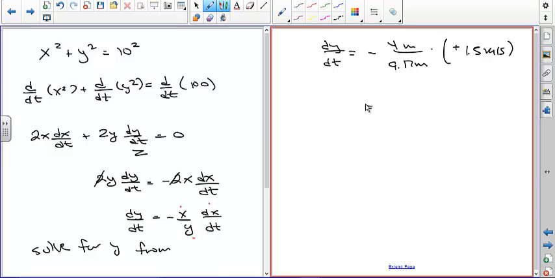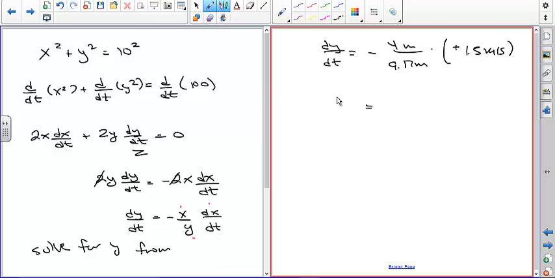And what do we get? We get negative 4 divided by 9.17 times 1.5.